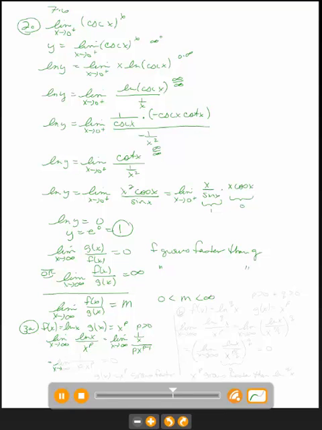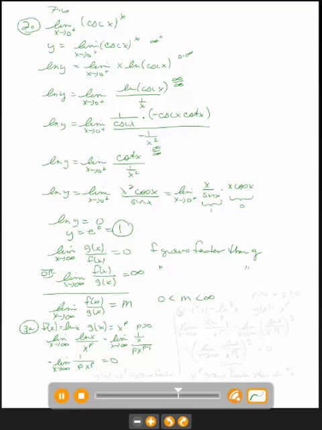If I simplify that, that turns into 1 over p x to the p again, because the 1 over x belongs on the bottom. And as x goes to infinity, this is going to 0. If it's going to 0, then we know the one on the bottom is growing faster.